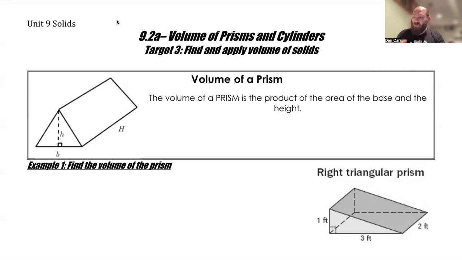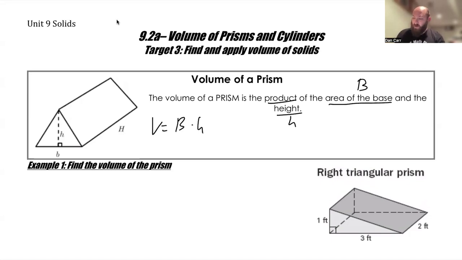When we look at the volume of a prism, the volume of a prism is the product of the area of the base, which we have typically called capital B here, and the height h. So volume is going to be B times h.